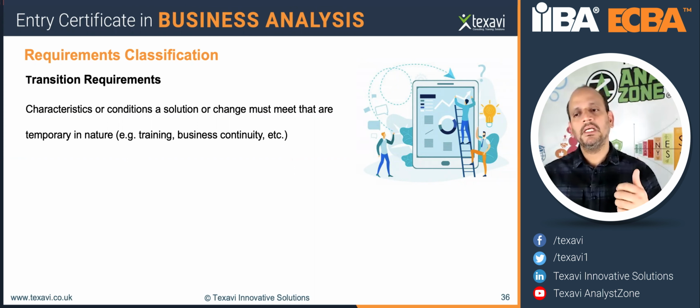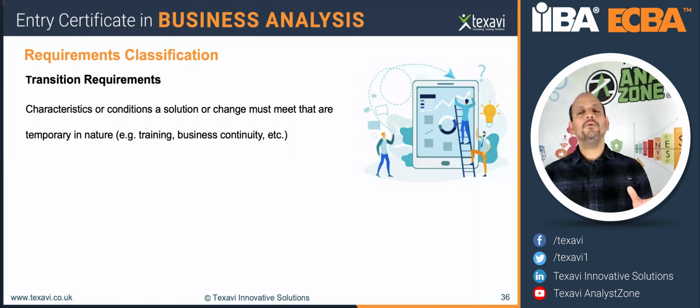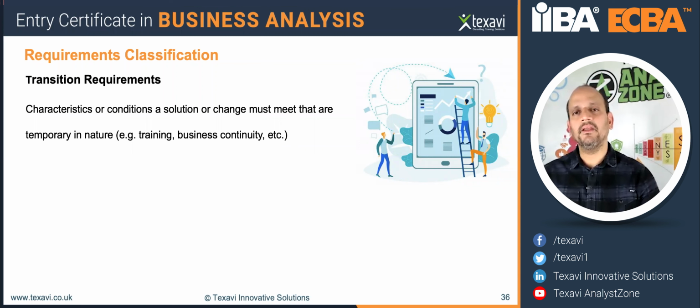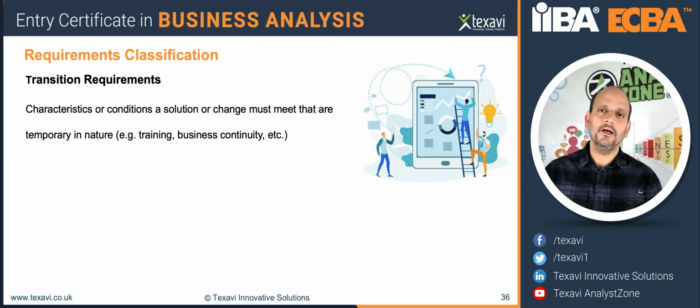So essentially, this set of requirements would help you go from the solution to the implementation, in terms of the conditions a solution or a change must meet that are temporary. So if you want to help deliver something or deploy a solution into the customers' mobile phones, into the customers' browsers, or into a server or a cloud, all of that would be temporary.